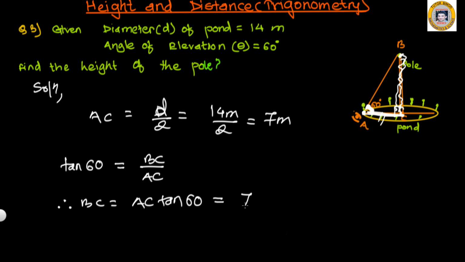AC is 7 meter, whereas tan 60 we can use calculator to find the value as 7 root 3 meter. If you want to write it in decimal, it would be 12.12 meter. We find the BC, which is also the height of the pole. This is how we can do this problem.